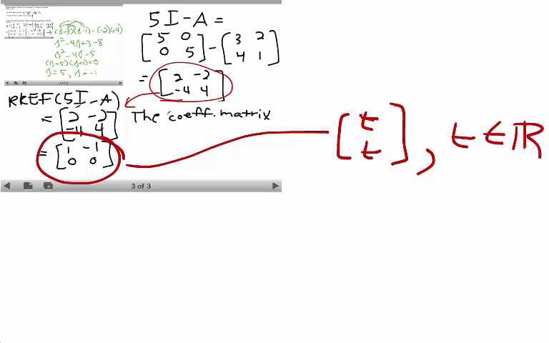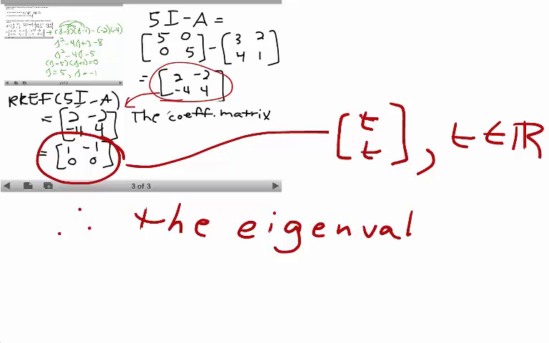Factoring out the t, we can conclude, therefore, that the eigenvectors corresponding to lambda equals 5 are non-zero scalar multiples of the 2 by 1 matrix 1, 1.